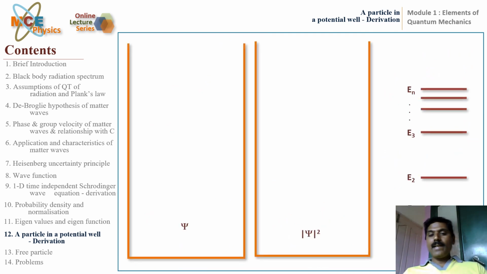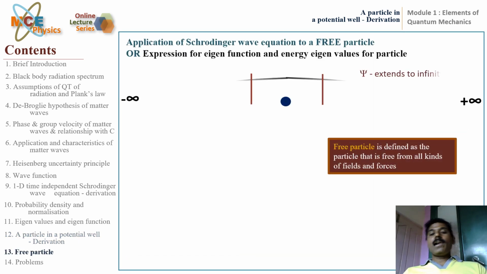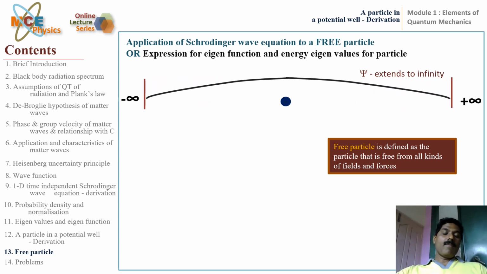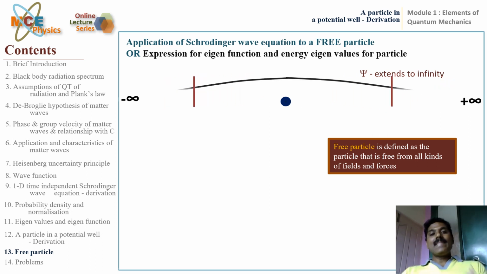And the application of the Schrodinger's equation is possible for a free particle. If the particle is totally free from all kinds of fields and forces, then it is known as the free particle. In the previous derivation, what did I say? The particle is bound to a physical system, like a potential well, like an electron binding to the atom.